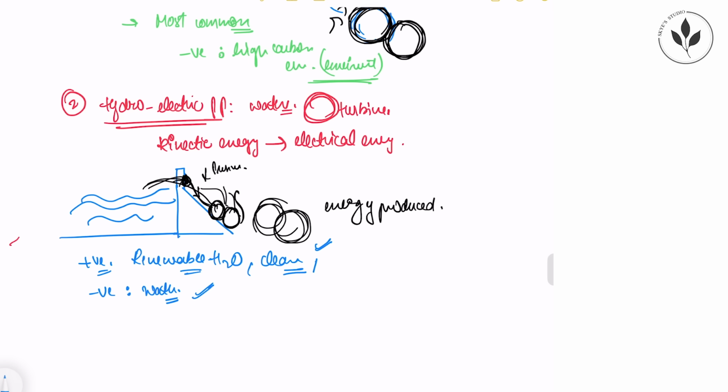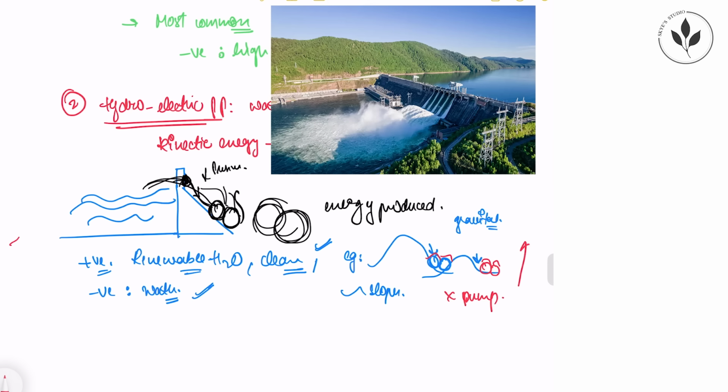That is why it's generally made where we have big water bodies, and we try to use the areas which have hills or slopes, because gravitation will help the water get onto the turbines and make them spin. We don't have to use extra pumps to pull the water up and then throw it from some level.